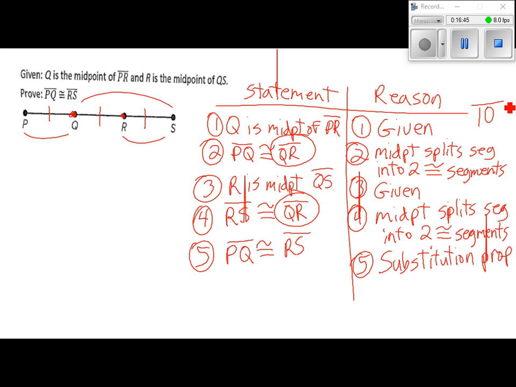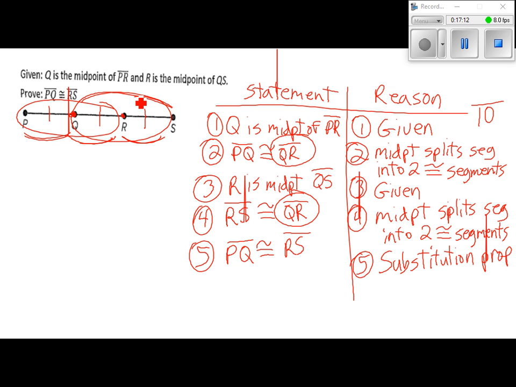On this one, we could have said this segment plus this segment equals this whole thing, and this segment plus this segment equals that whole thing, and then those two are equal, and we could have got to what we were trying to prove using segment addition. It would have been longer. This was the easiest way.